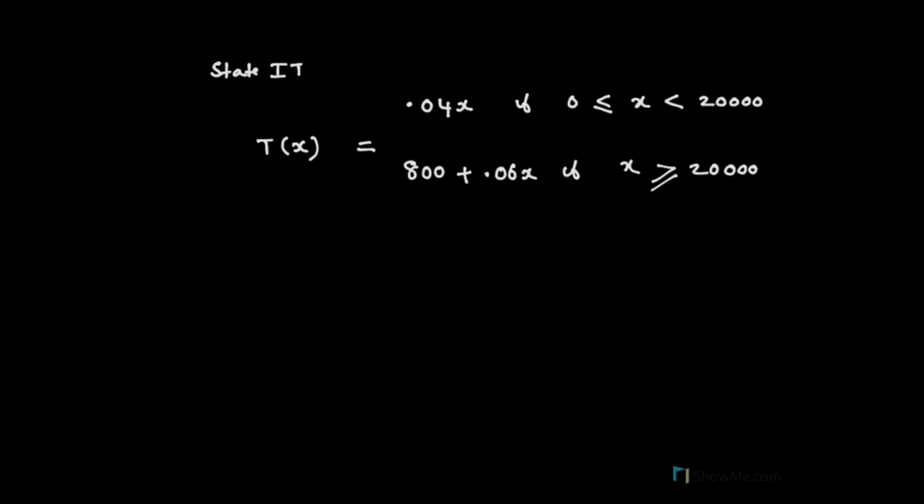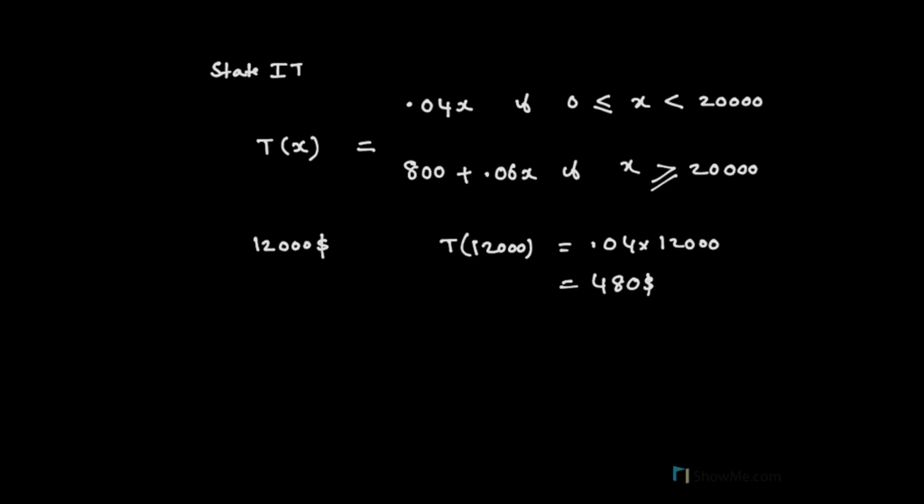Imagine that. Now, suppose your taxable income is 12,000. How much tax would you pay? Now 12,000 comes in the first category, so the tax is going to be T of 12,000, which is 0.04 into 12,000. So you will pay $480.